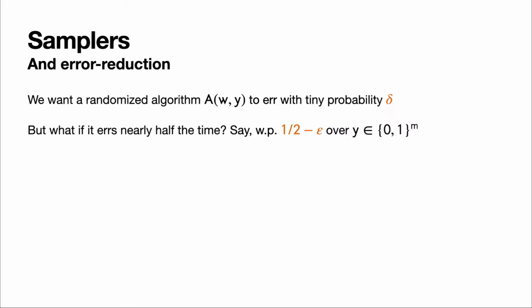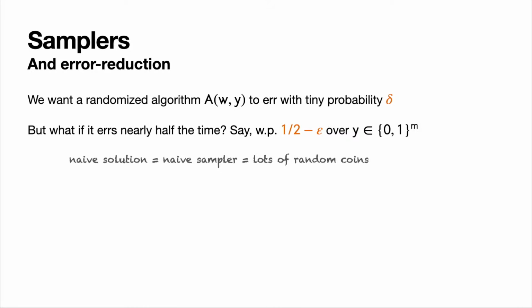But what if instead of a tiny probability, it actually errs nearly half of the time, say with probability half minus epsilon? So you want to reduce the error from half minus epsilon to delta. And recall that we like to do things randomness efficiently, so we don't want to do the naive solution of just repeating the algorithm using fresh randomness.